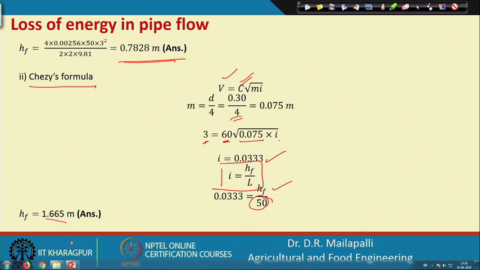This way you can use both the Darcy-Weisbach equation and Chezy's equation for finding out the hydraulic friction head.